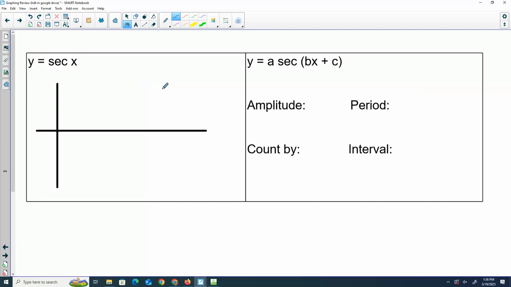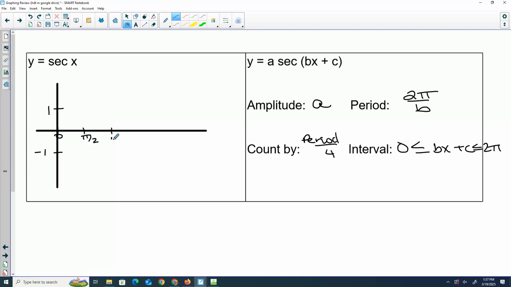Final one is secant. So back to the normal stuff. Amplitude is A, period is always 2 pi divided by the number in front of x. Count by is always the period divided by 4. Interval, unless it's tangent or cotangent, is just between 0 and 2 pi. If we want to graph secant, we start with cosine.